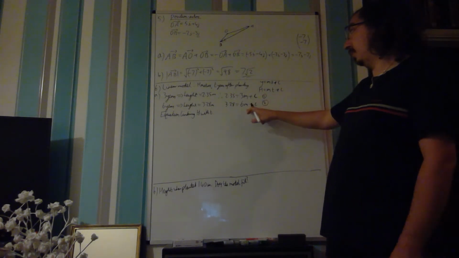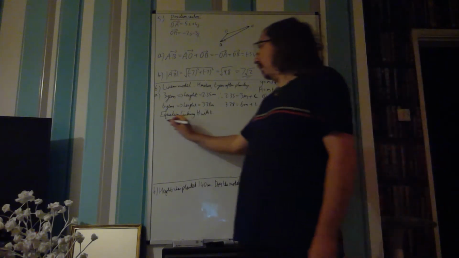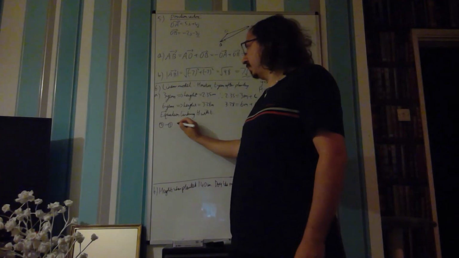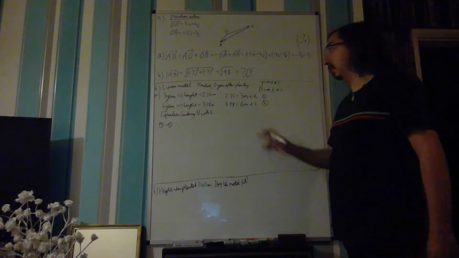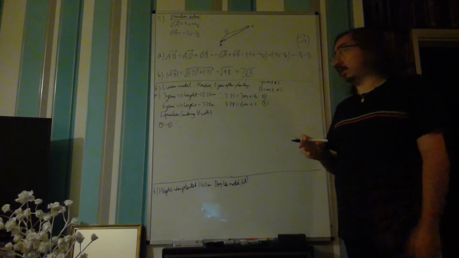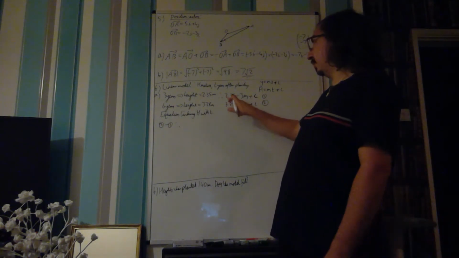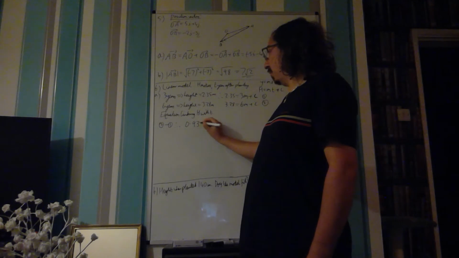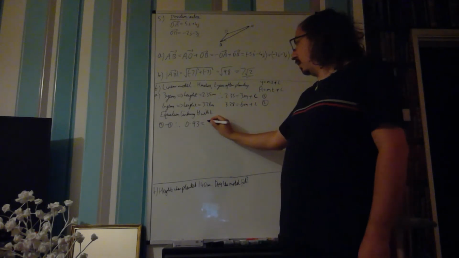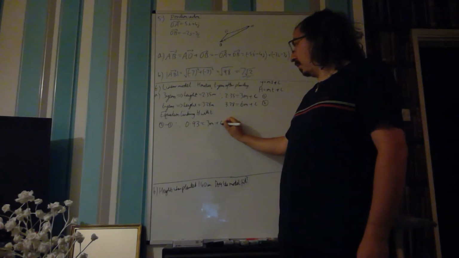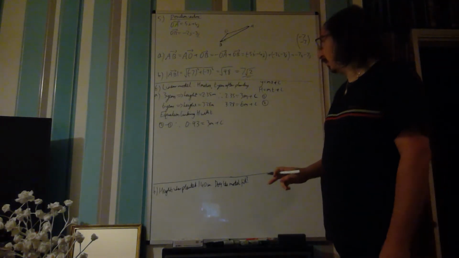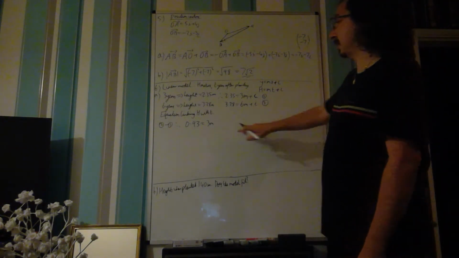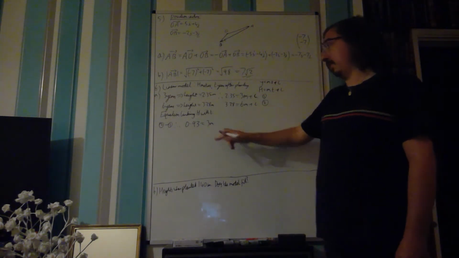Now you can do 1 take away 2, but actually for our case I'm going to do 2 minus 1 just because it's a little bit easier, because the second equation has larger numbers. So 3.28 take away 2.35 is 0.93, is equal to 3m. We've just got rid of the c.